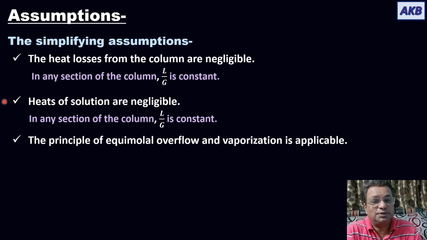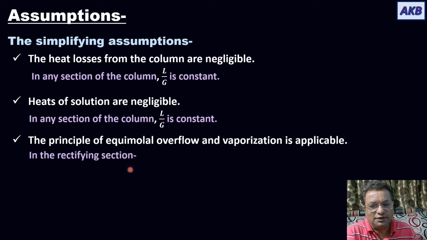Now, what is this principle? According to this principle, if you are talking about the rectifying section, in the rectifying section, liquid molar flow rates are the same for each tray.